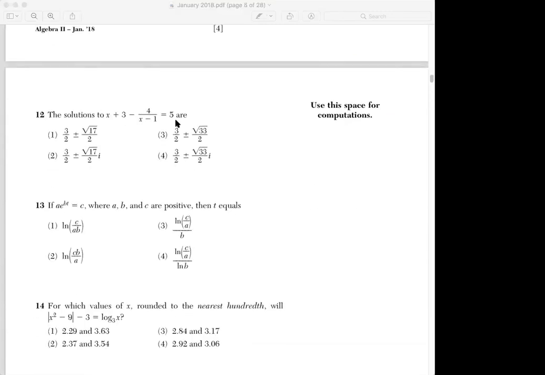Solutions to this: quadratic formula. Not going to do it. It's just the quadratic formula. It's actually the quadratic formula after you cross out denominators.